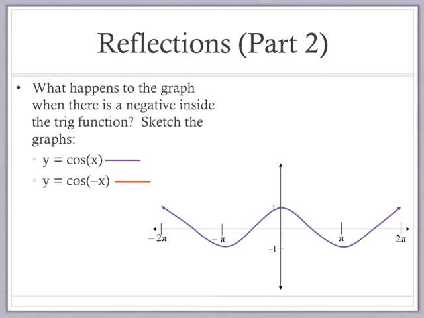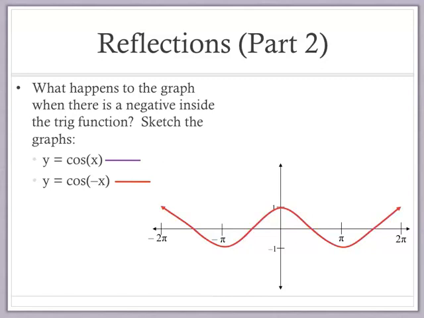Well, here's my parent cosine function. If we are going to reflect that across the y-axis, well, in this case, because the cosine function is an even function, and remember that even functions have symmetry with respect to the y-axis, this is going to be exactly the same. It's not always like that.